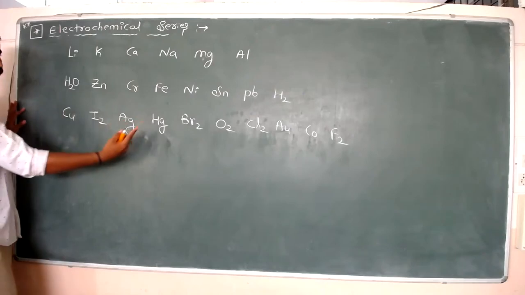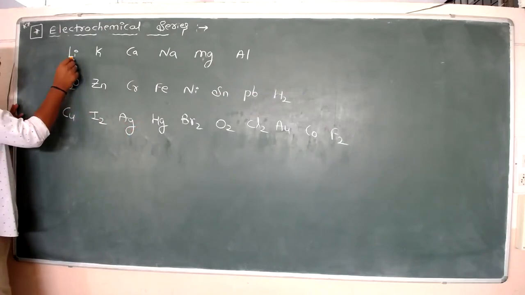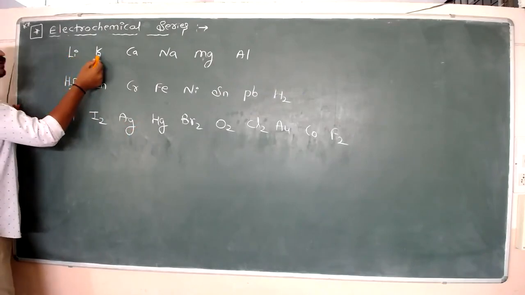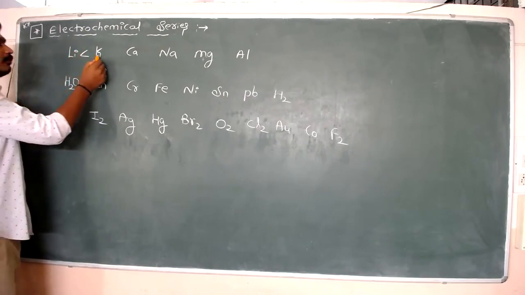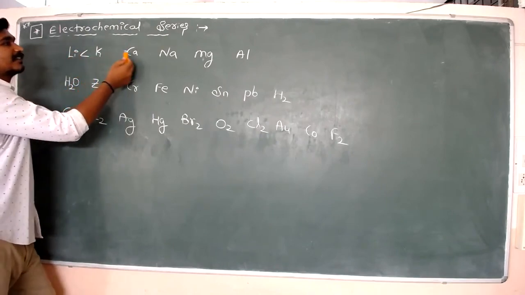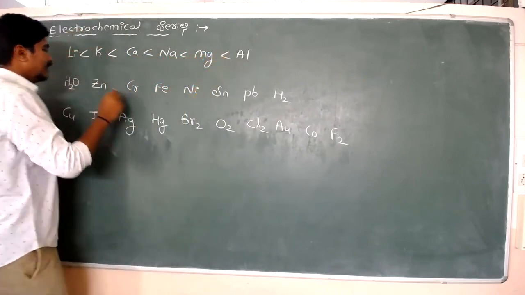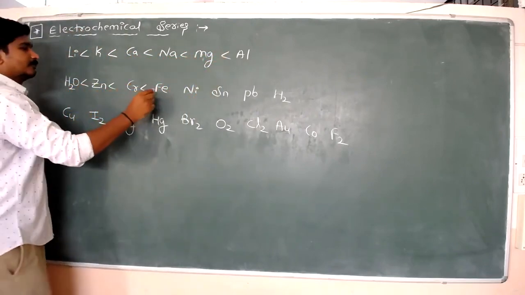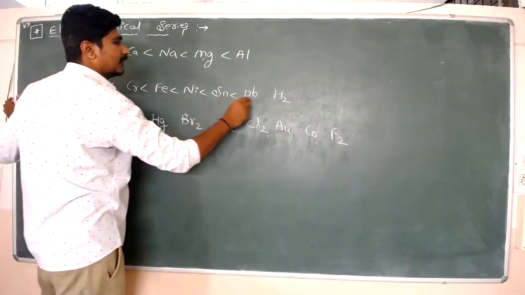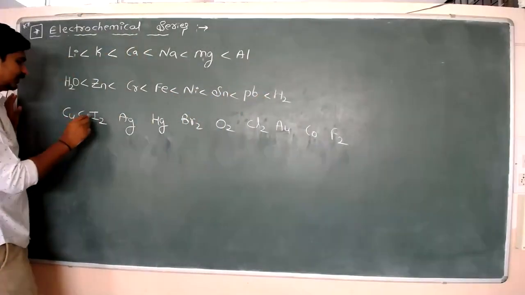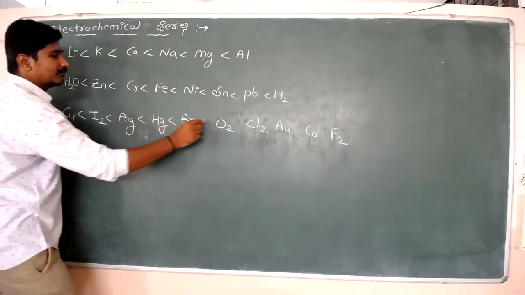Now, in increasing order, lithium has a lower SRP than potassium. Similarly, potassium has a lower SRP than calcium. In this way, the SRP values increase.